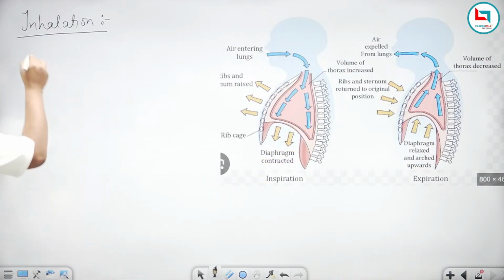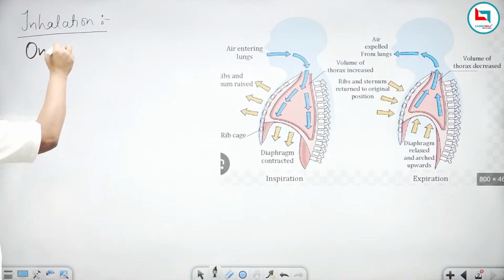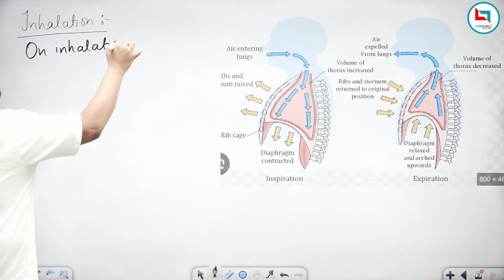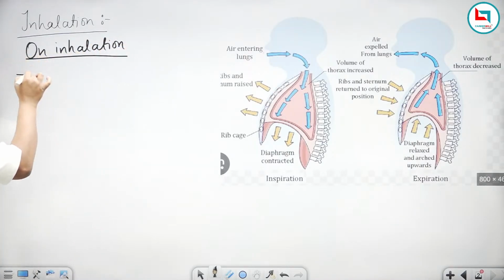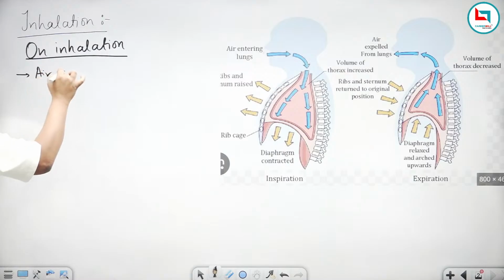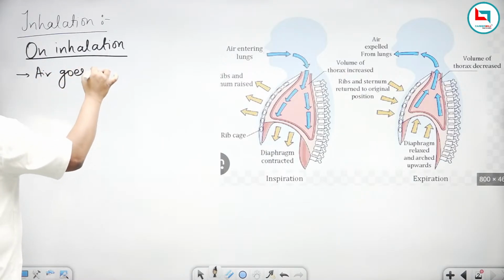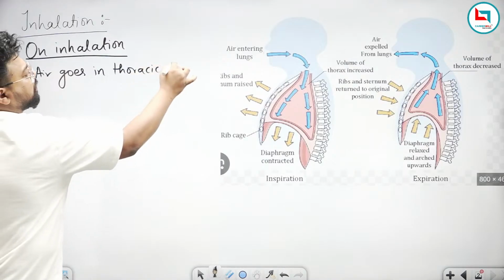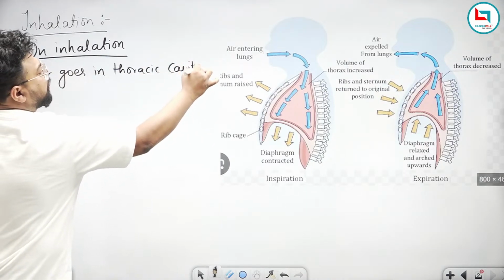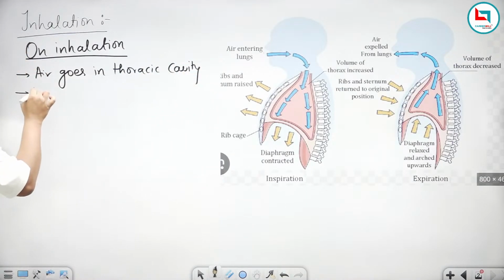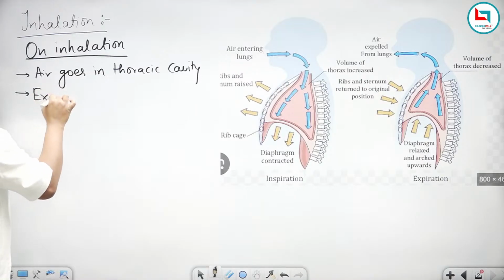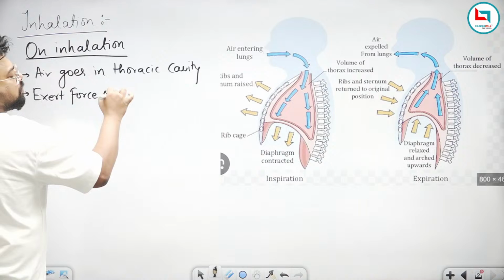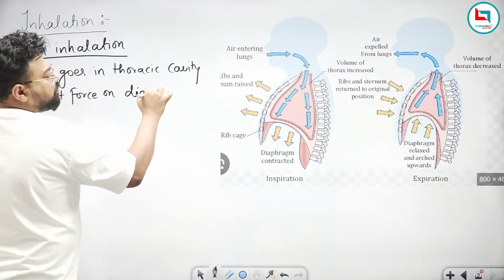So on inhalation, first of all, air goes in the thoracic cavity and this air exerts force on the diaphragm.